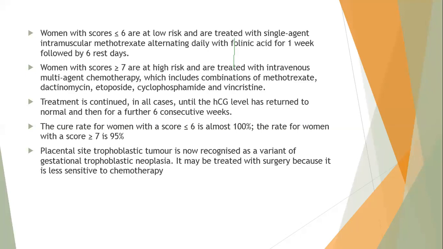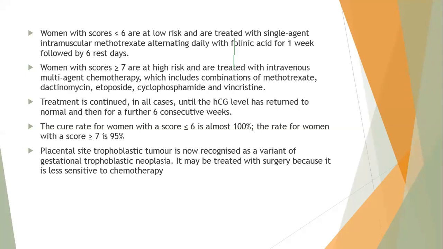And don't worry about treatment, especially chemotherapy. We are not asked about chemotherapy because usually it is not us who manage these cases. These cases go to a specialist in gynecological malignancies.